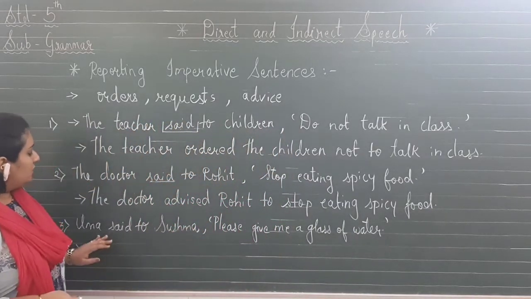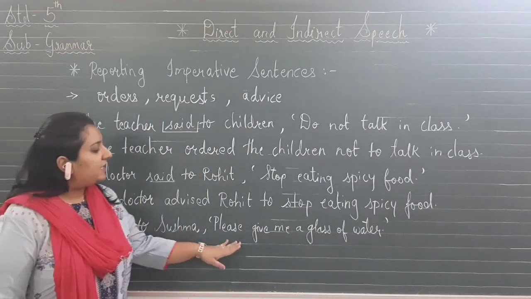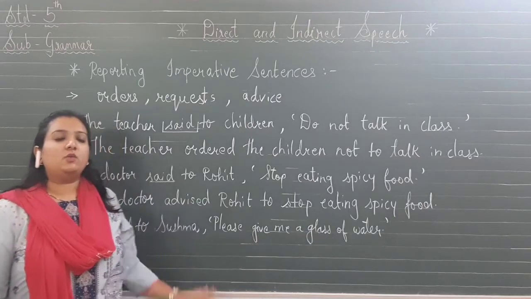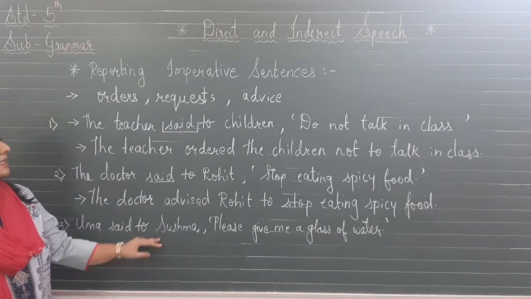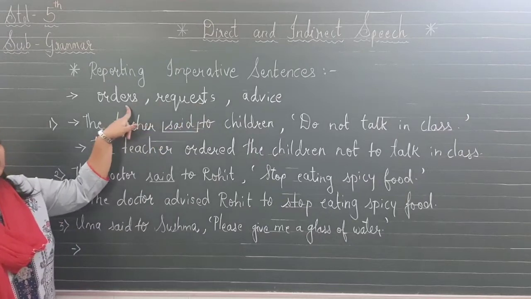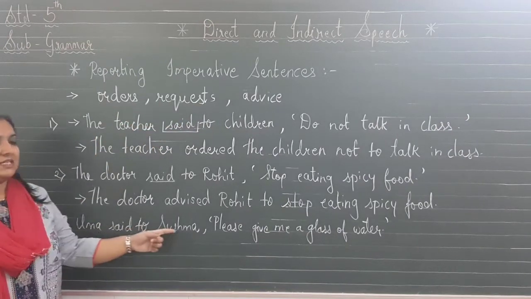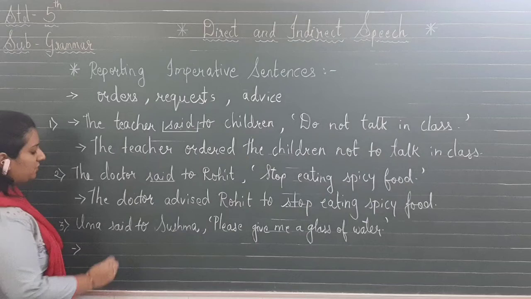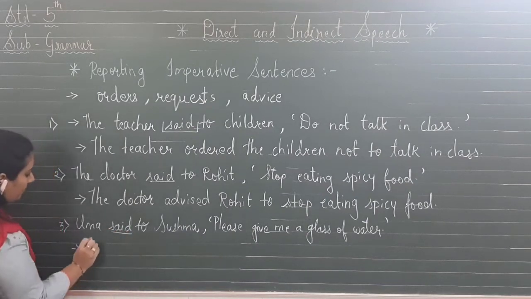Next, Uma said to Sushma, "Please give me a glass of water." What do you think? What type of sentence is it? Is it a request, advice or order? Here Uma is requesting Sushma. So again we will change the reporting verb over here.